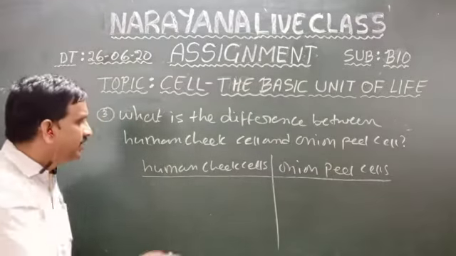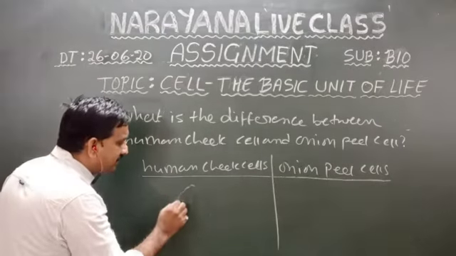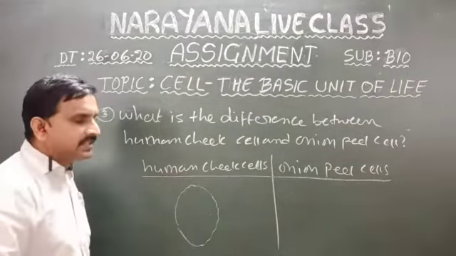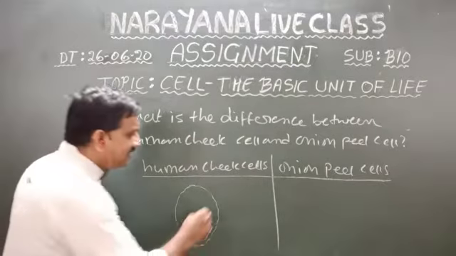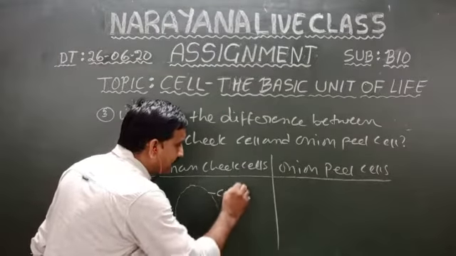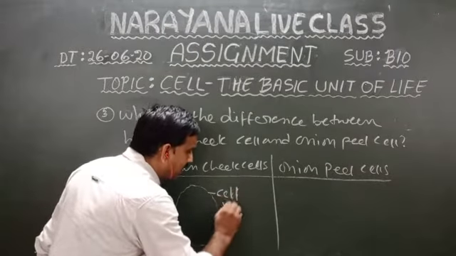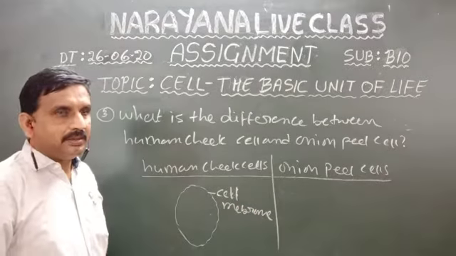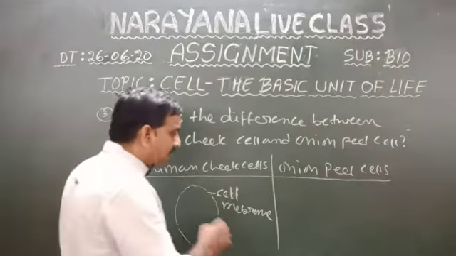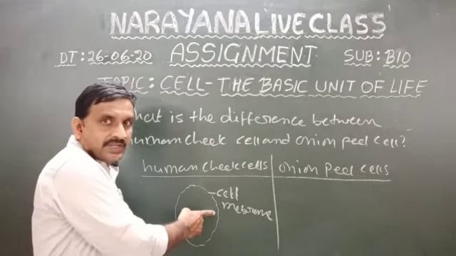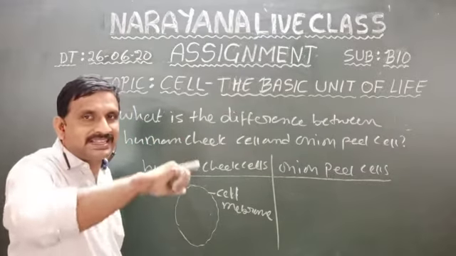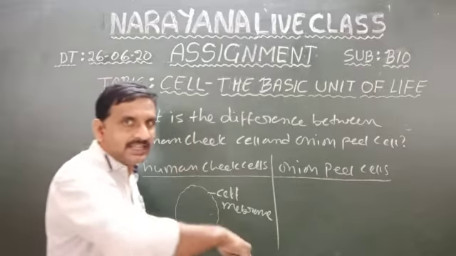In the human cheek cell, the outermost layer is a thin filamentous-like structure called the cell membrane. But in the onion peel cell, in addition to the cell membrane, we can observe another thin outer layer.